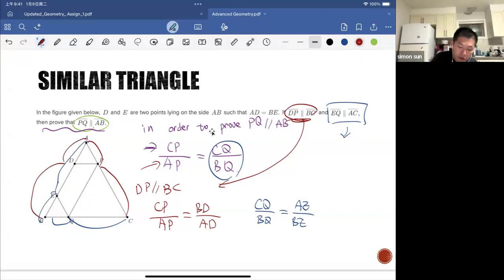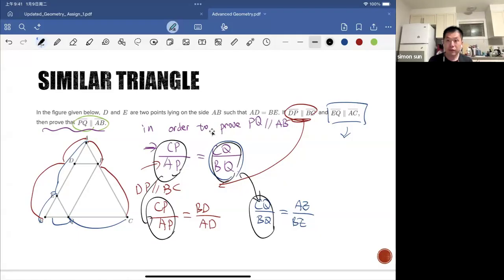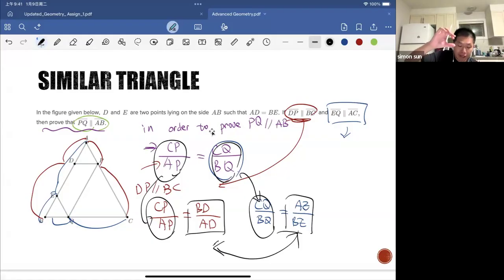Now, the things we need to do right now is prove that those two things are actually the same. So we need to prove BD over AD is equal to AE over BE.